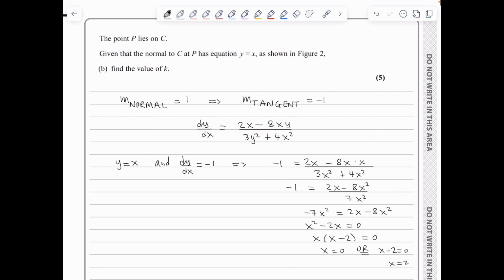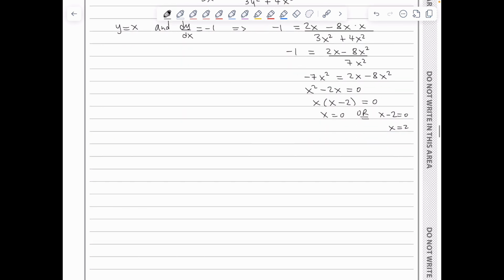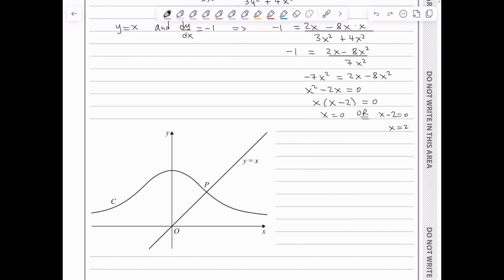is equal to 2. Now, if we recall the graph that we were given, we can easily see that the origin, where x is 0, y is 0, is not the point we are after. We're actually after the point at x is 2. And since y is equal to x, we can easily conclude that y is equal to 2.